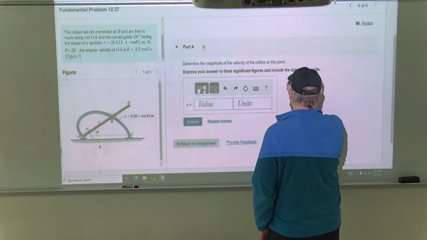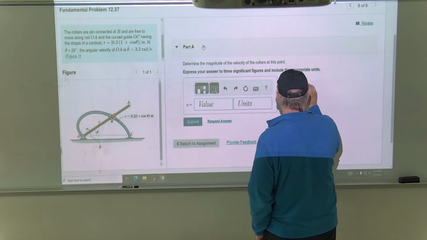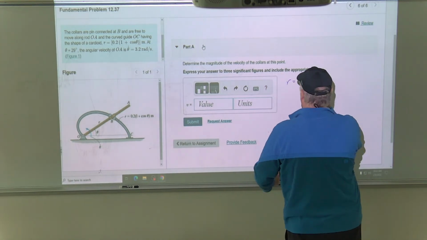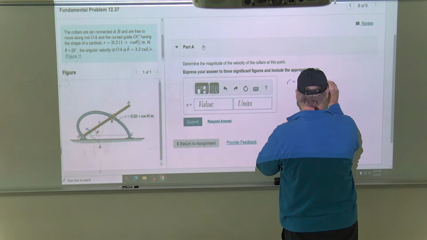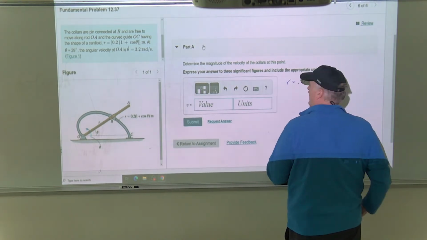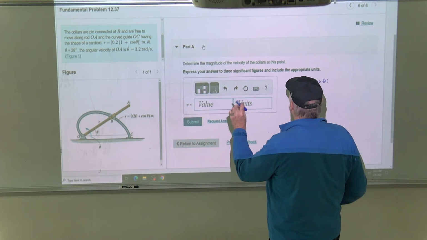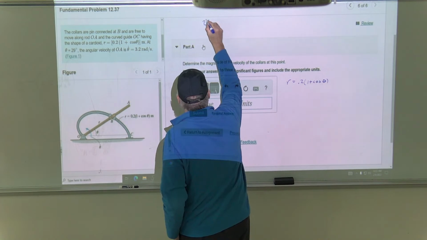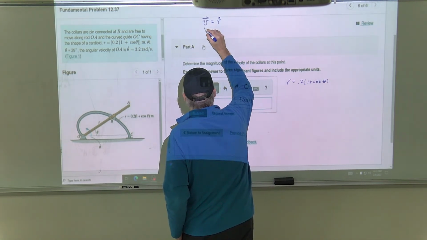Okay. So you got r being 0.2, 1 plus cosine of theta. And then, maybe right up here, if you look back in the book, you'll see the velocity vector itself.